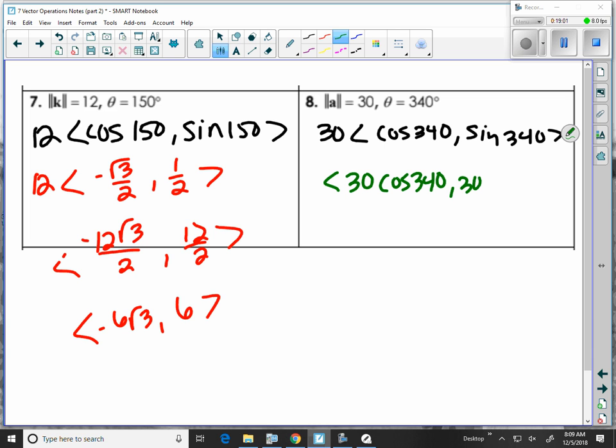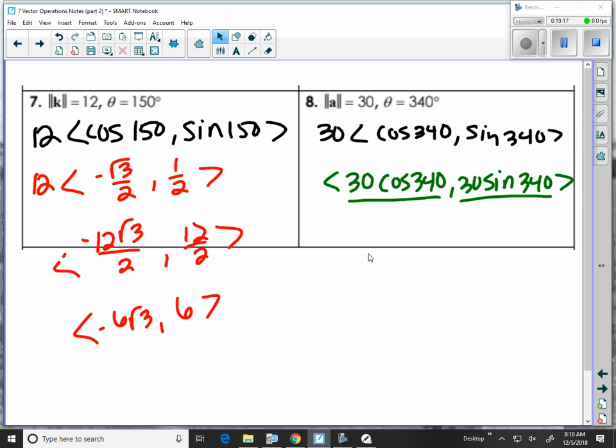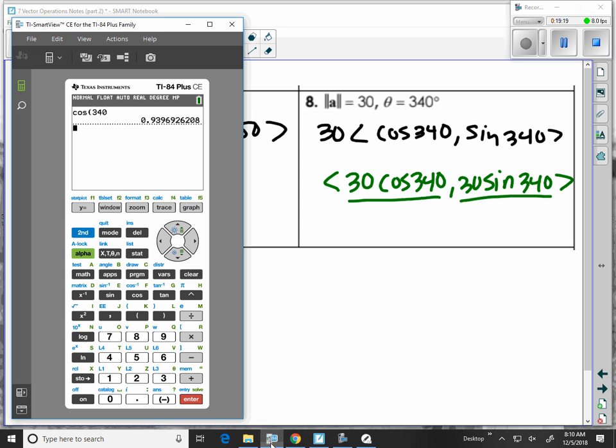and we're going to distribute first. And then we're going to get our decimals. So you're going to put in 30 times the cosine of 340 and 30 times the sine of 340. So I'm getting 28. We'll round it to 1 decimal place.